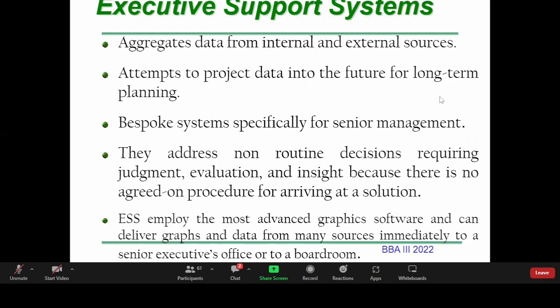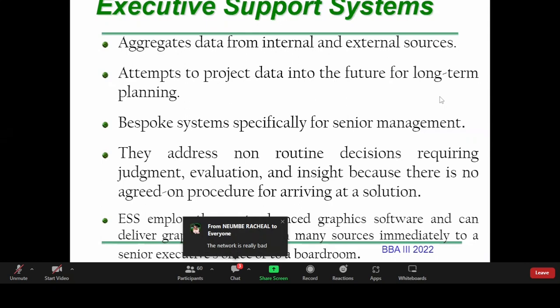So it is not routine like in the first level. Then it also doesn't really cater for those short-term decisions, but it looks at a person who has the right judgment, the right evaluation, the right insight into a particular scenario based on the information they have from the lowest levels.